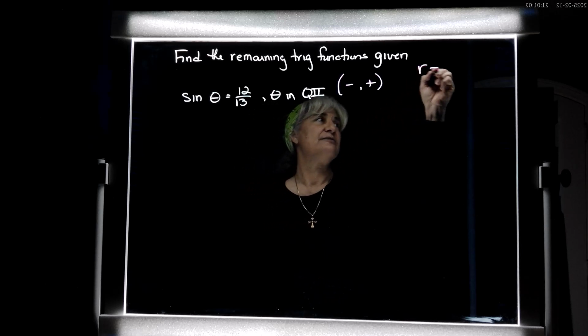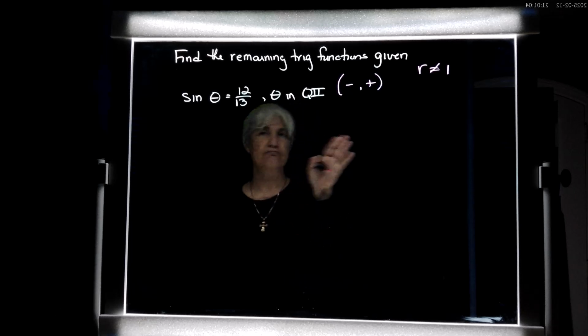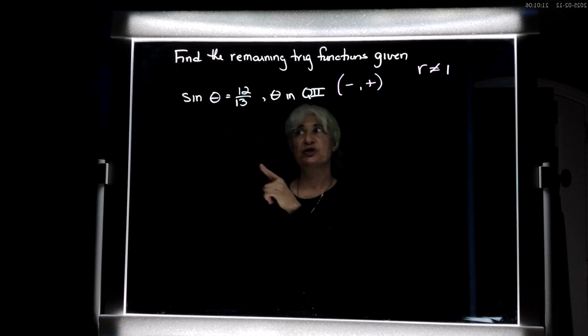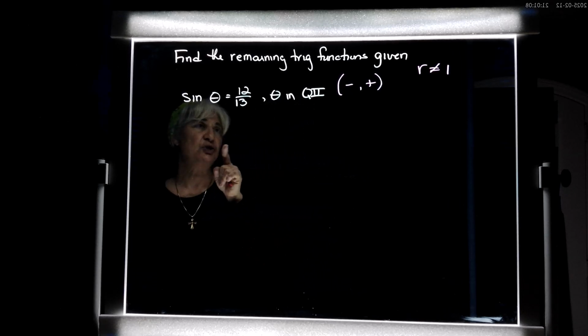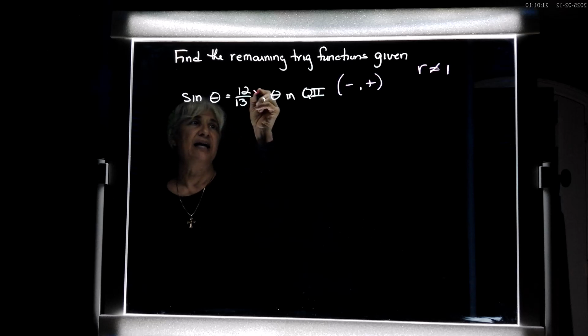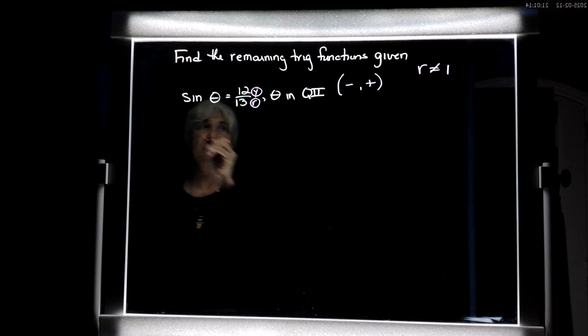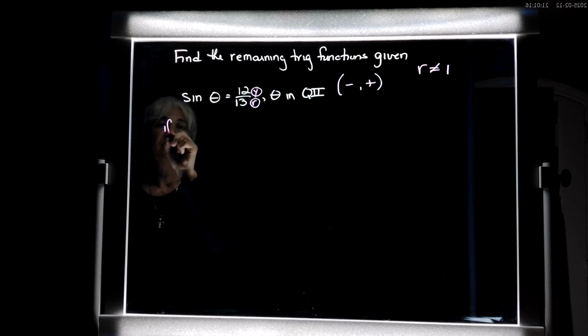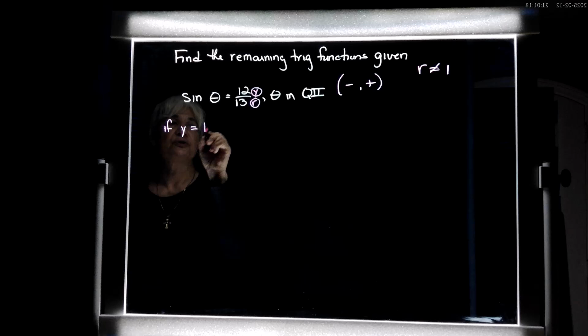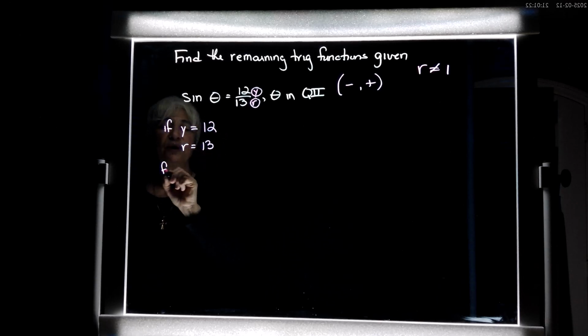We have to treat the sine of theta as y over r, which means if y equals 12 and r equals 13, you have to find x.